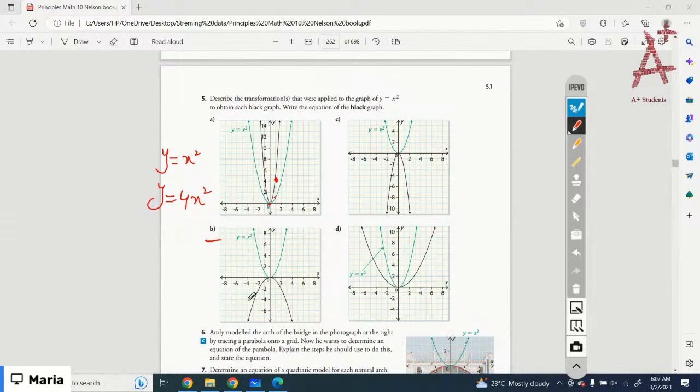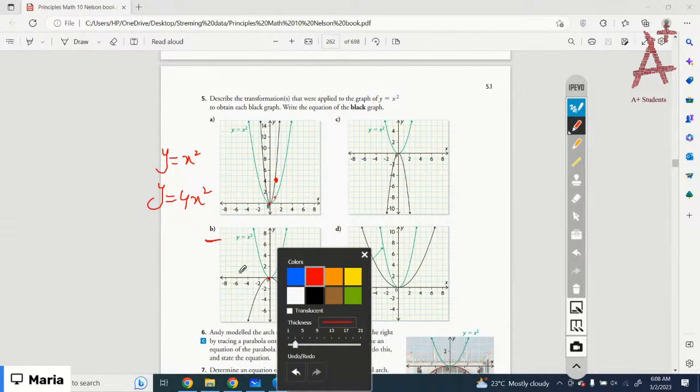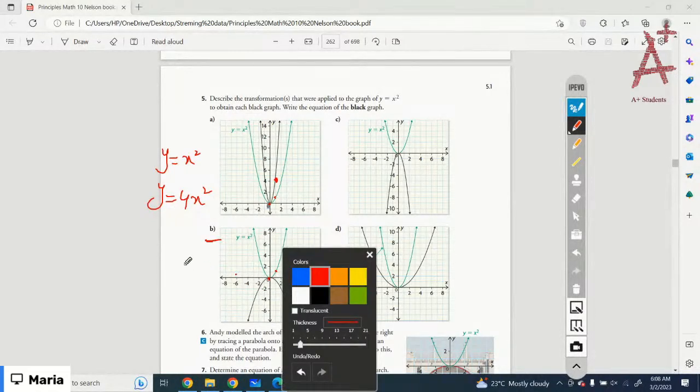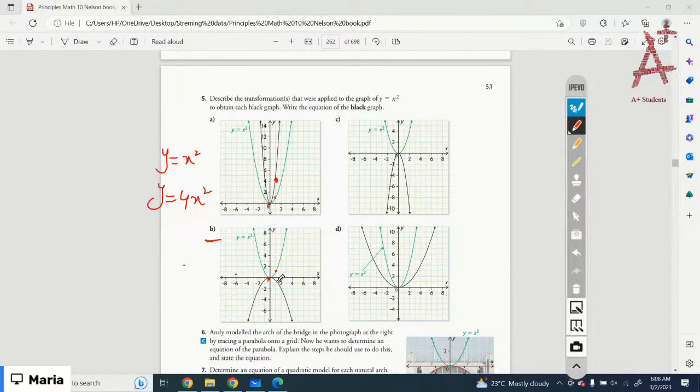Okay, just look at the blue one, the B option. The new graph is the black one and it opens downward. But it has the origin 0, 0. Now just look at the points. The point 1, 1 is transformed to 1 and 2.5.